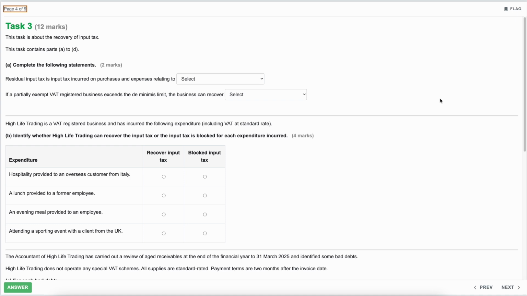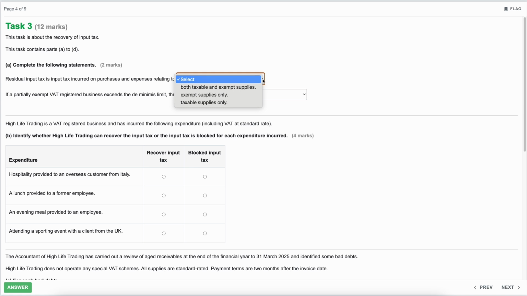Part A then, complete the following statements for 2 marks. Residual input tax is input tax incurred on purchases and expenses relating to, and we've got a few options. So we've got both taxable and exempt supplies, only exempt supplies, and taxable supplies only. Now, residual input tax refers to input tax that relates to both taxable and exempt supplies, specifically those that are not directly attributable to either.